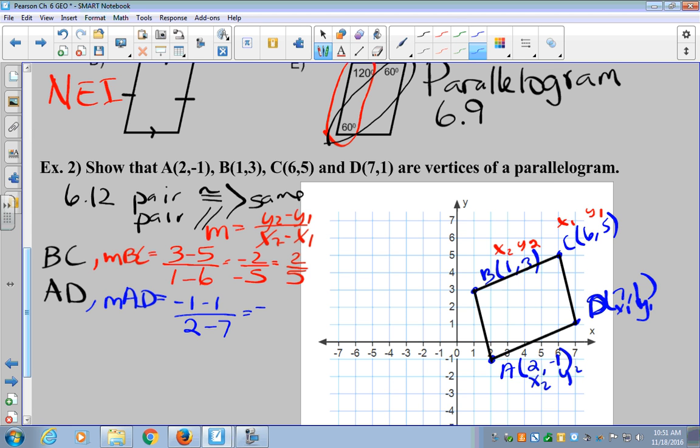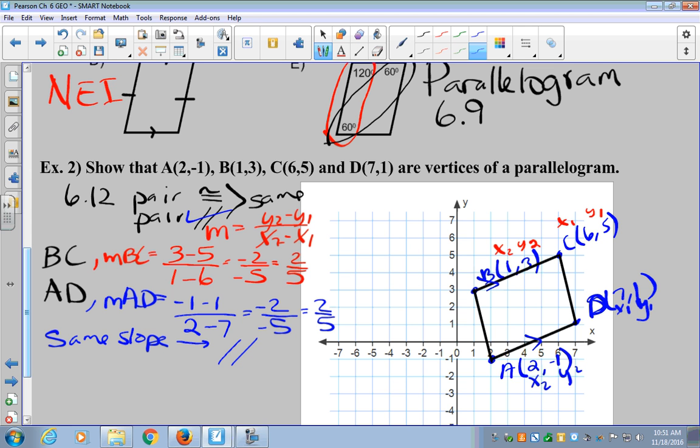Oh, thank goodness. Negative 1 minus 1 is negative 2, and 2 minus 7 is negative 5. That is 2/5. So we have the same slope. We are parallel. So go ahead and mark those lines. Boom, boom. Parallel. Done.